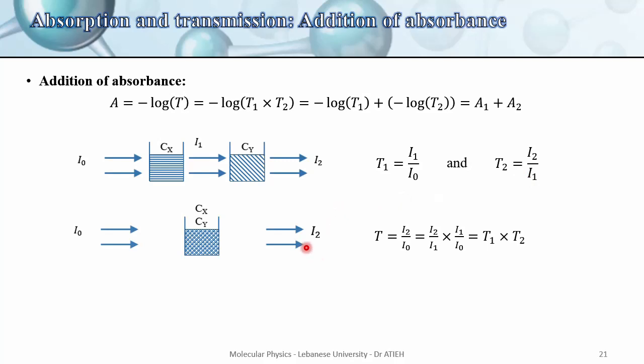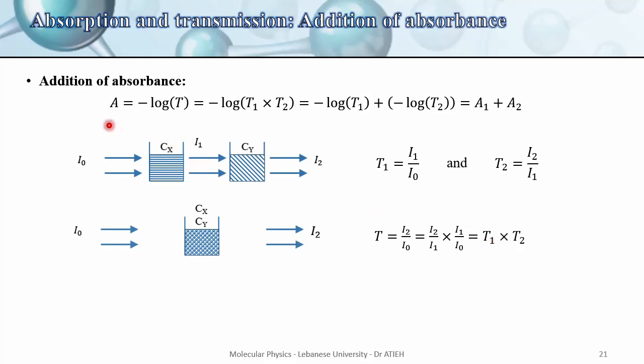Now, for the second case, where we mix them together, the transmittance is simply the final transmitted intensity over the initial incident intensity, which is I2 over I0, as you can see here. So we can simply insert the term I1, which will give us T1 times T2, where T1 and T2 are the transmittances of solutions 1 and 2 respectively of the first case for sure.